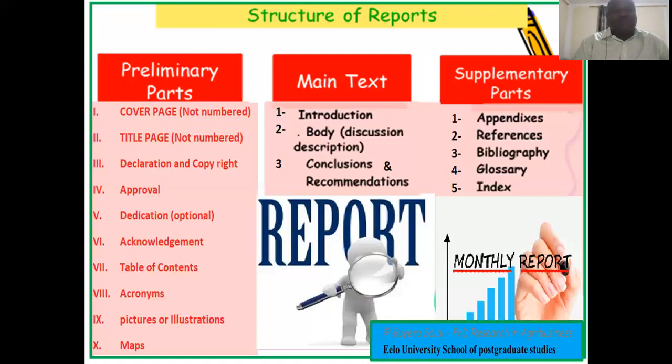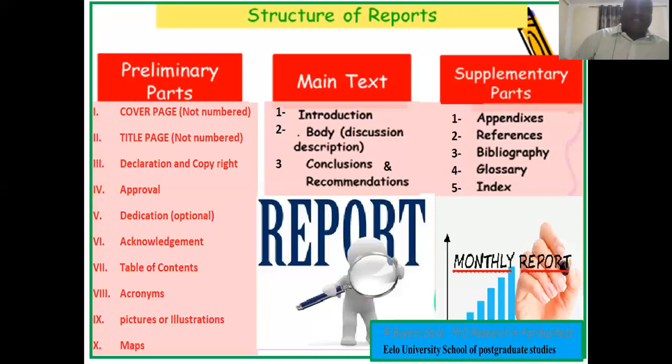GDP, gross domestic product. Any unclear word used or phrase must be explained. You can also have some pictures or illustrations, maps. If they will be very useful for your report, you can include them.